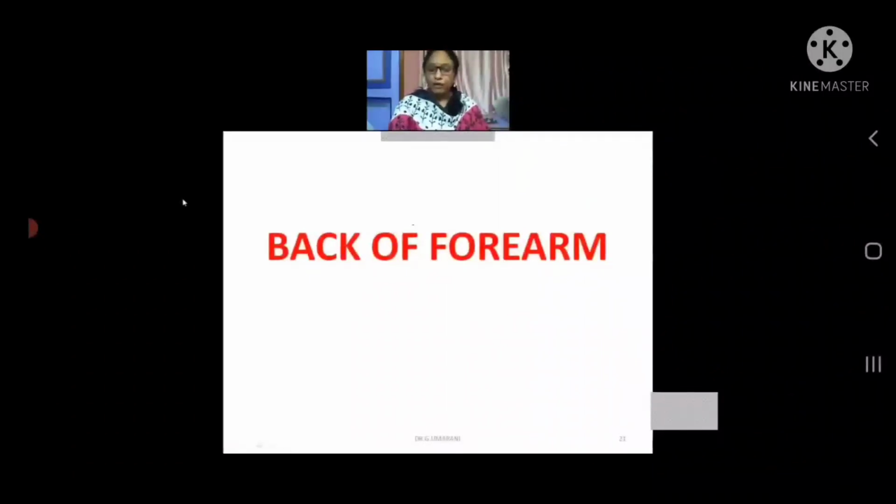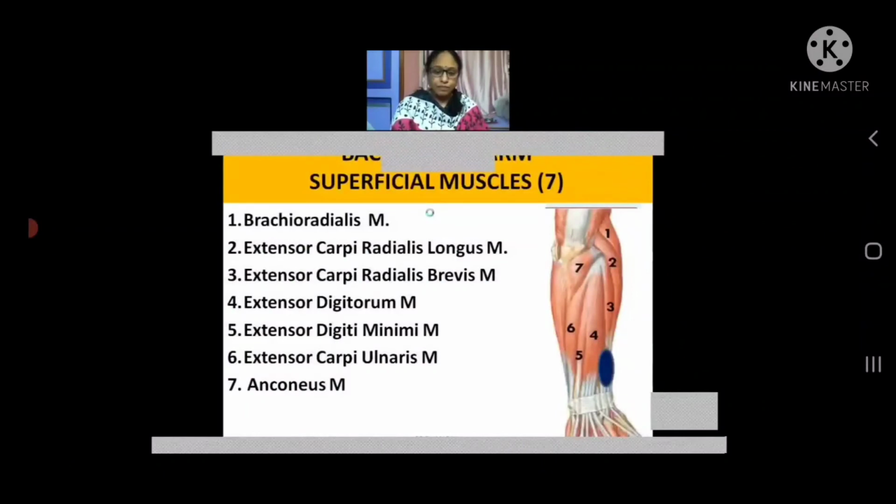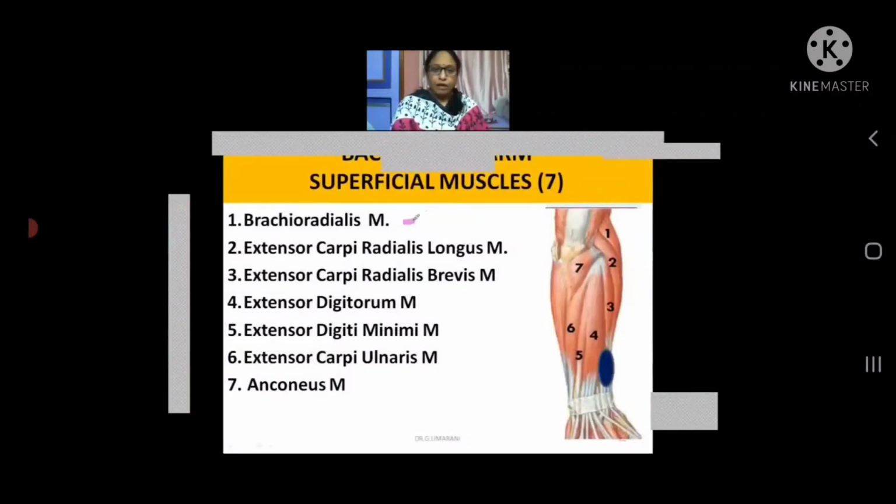Now coming to the back of the forearm. The back of the forearm again divides into superficial and deep muscles. The superficial muscles are brachioradialis, extensor carpi radialis longus, extensor carpi radialis brevis, extensor digitorum, extensor digiti minimi, extensor carpi ulnaris, and anconeus.